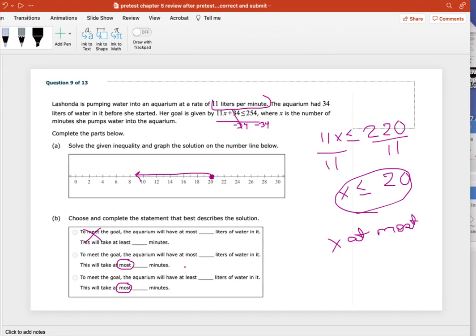Okay, then it says that we're going to have liters of water in it. Okay, so it says that the liters of water must be less than 254. Okay, so that means at most 254. So we're looking for another at most. So we're looking for this option right here in the middle. So it's going to have at most 254 liters and at most 20 minutes.